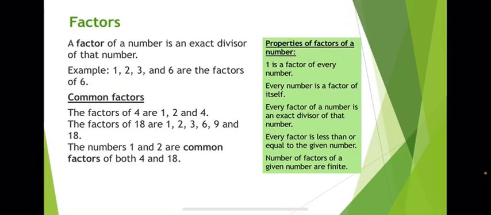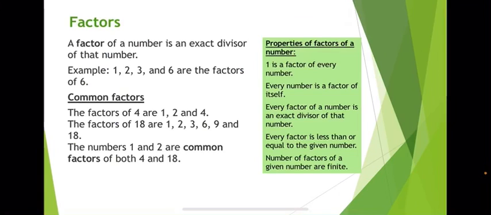Let us discuss the properties of factors of a number. 1 is a factor of every number. That means 1 is a factor of each and every number. Every number is a factor of itself.